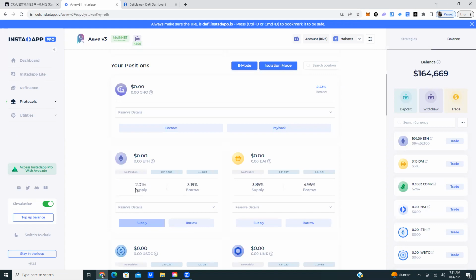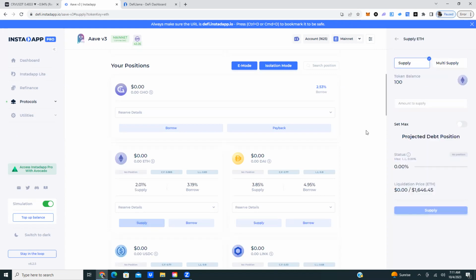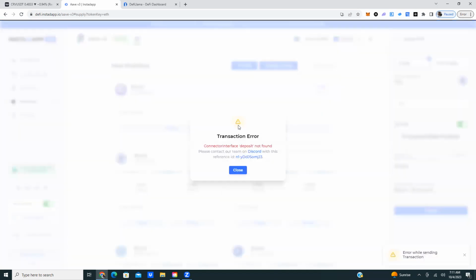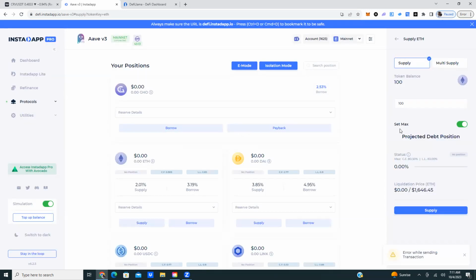They're going to give me 2.01% to supply these Ethereum tokens. And right now we're in demo mode. Let me refresh the screen.